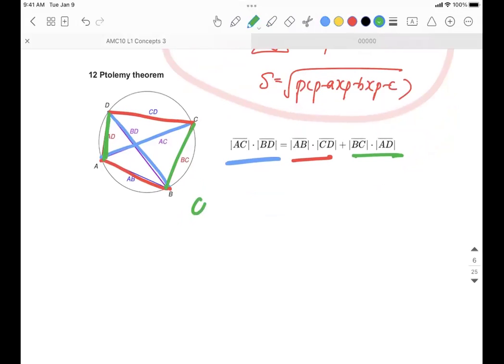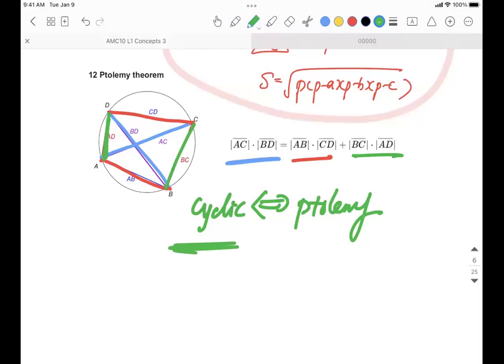And you know what? This is actually a necessary and sufficient condition. It means as long as you have a cyclic quadrilateral, you will definitely have a Ptolemy relationship, right? However, if I just give you a random quadrilateral and it has a Ptolemy relationship, then you can claim this quadrilateral must be cyclic.